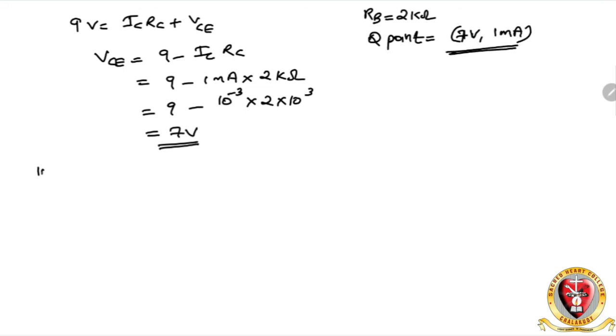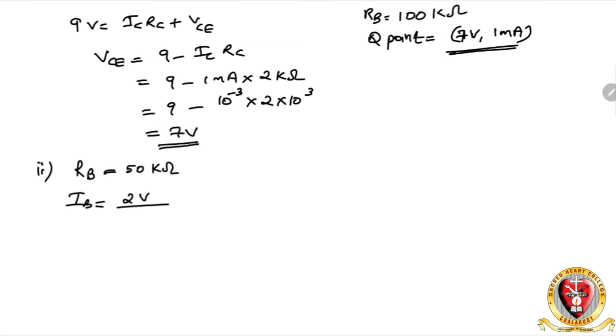Now in the second case, we are changing the value of RB. Now RB is made 50 kilo ohm. So what will happen? We can see that IB is equal to 2 volt divided by RB. In the initial case, the value of RB is 100 kilo ohm.